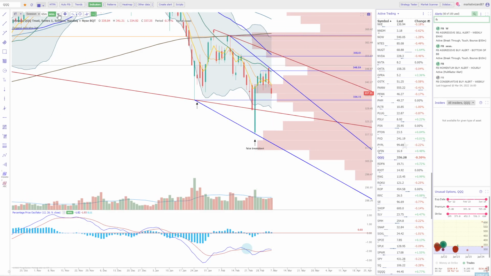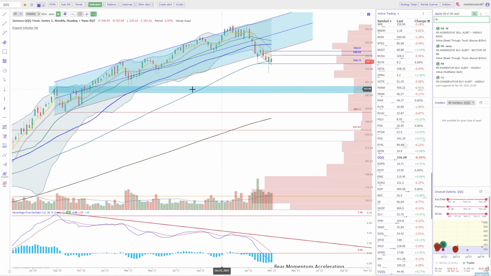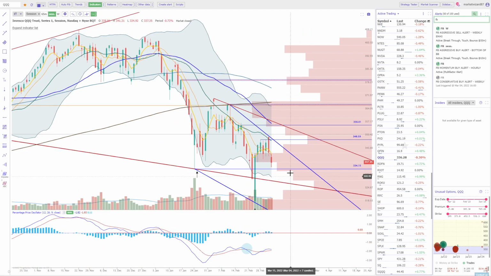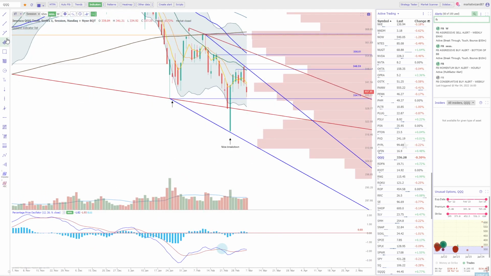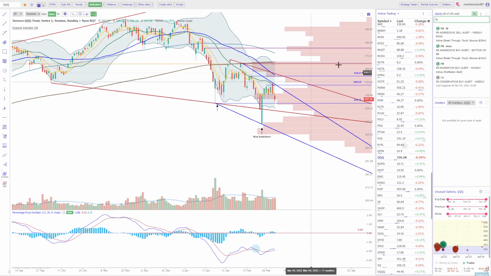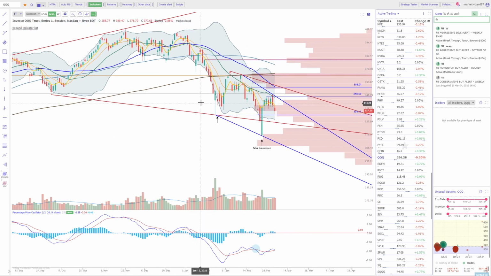And again, using the weekly, we're looking for this range, 260 to 300. Right? You're looking at another 10% decline at minimum. Right? 260 is somewhere down here at around 21%.